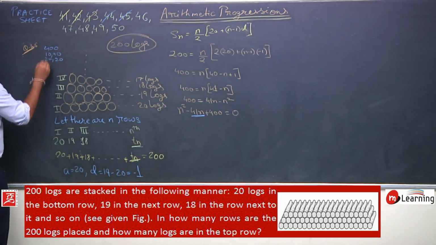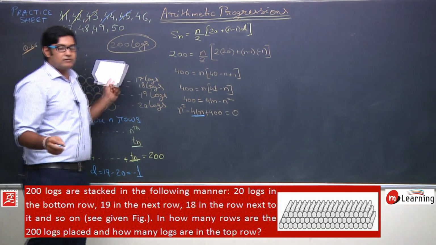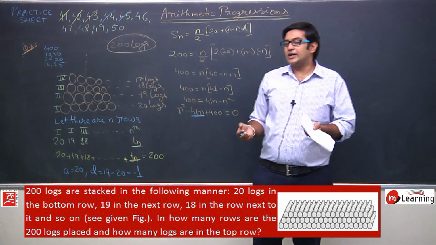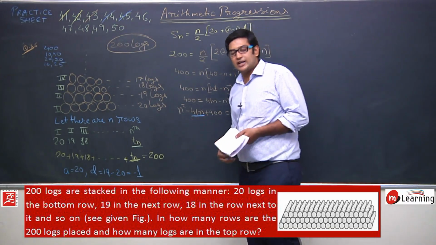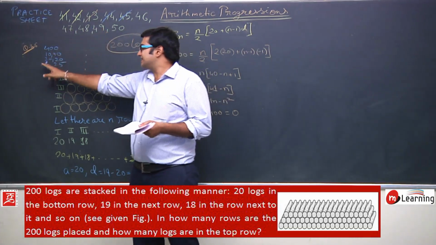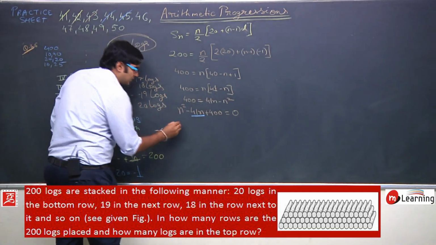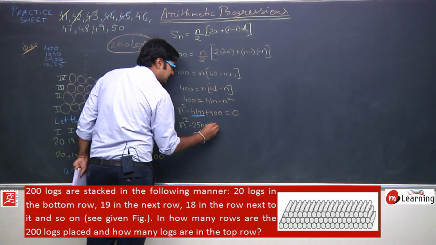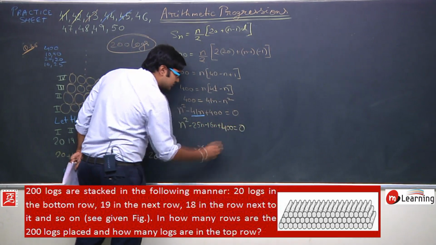Then I can split this 400 as 16 into 25. Okay, you need to think yourself which particular factors of this 400 will constitute the required term 41n. Okay, so I can see 16 into 25 is 400 and 16 plus 25 is 41. So definitely I can split this 41n as n square minus 25n minus 16n plus 400 is equal to 0.